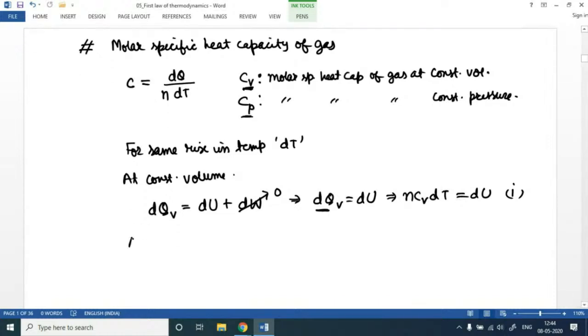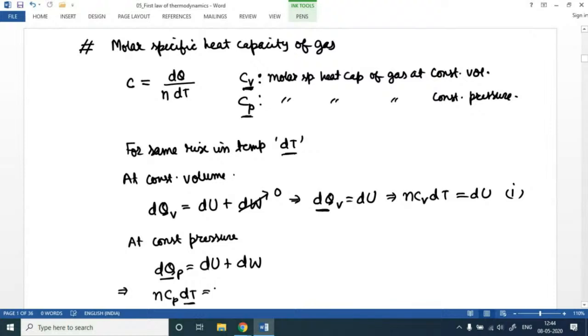And at constant pressure, dQp, according to the first law of thermodynamics, would be dU plus dW. According to our definition of Cp, dQp can be written as n Cp dT, where the change in temperature I have taken the same in both cases.